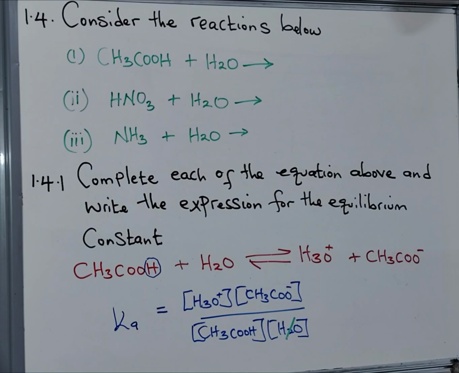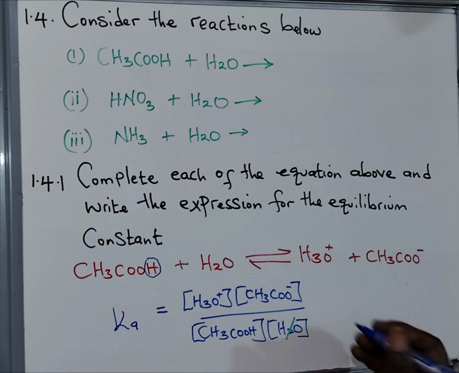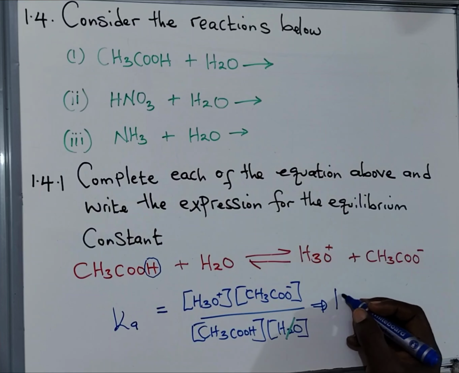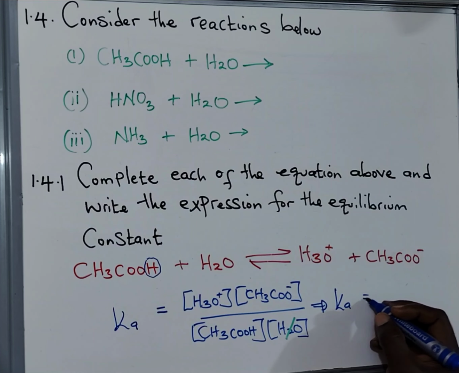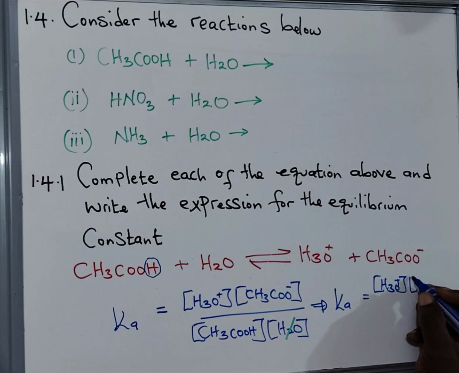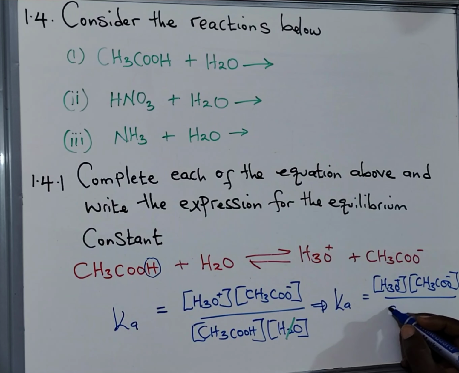So the actual expression for acid dissociation is Ka equals the concentration of hydronium ion into the concentration of ethanoate ion over the concentration of ethanoic acid.